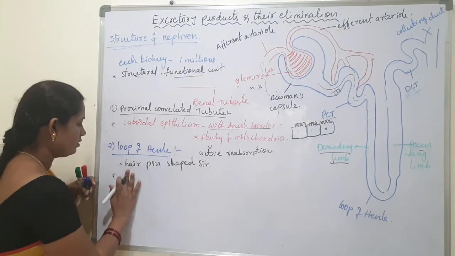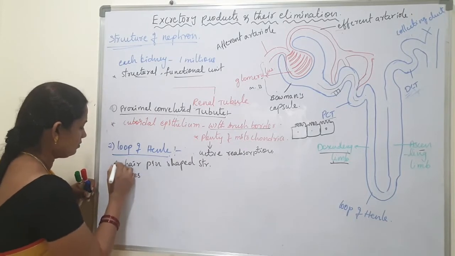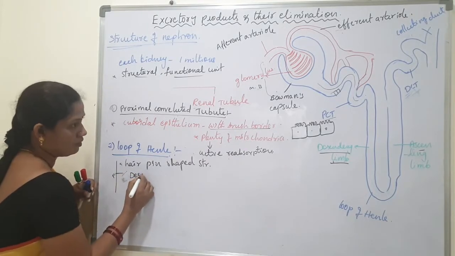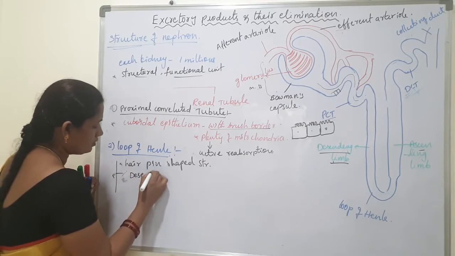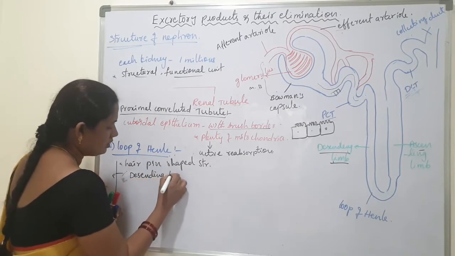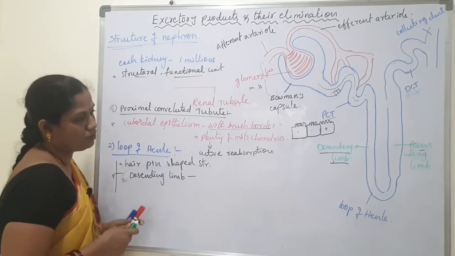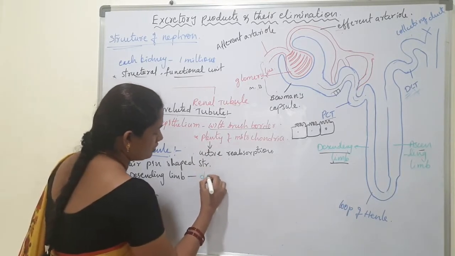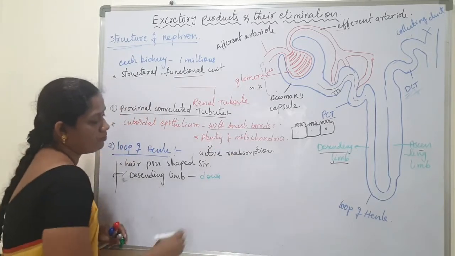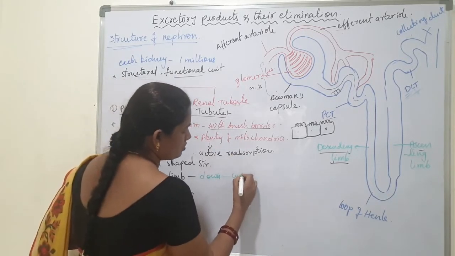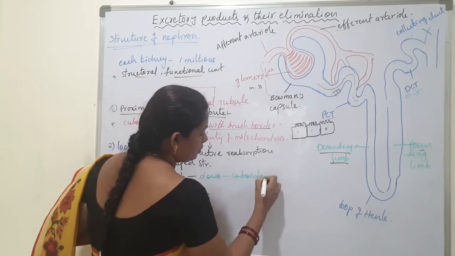First, the descending limb. It goes down, so that's why it is called the descending limb. This descending limb is made up of cuboidal epithelial tissue.